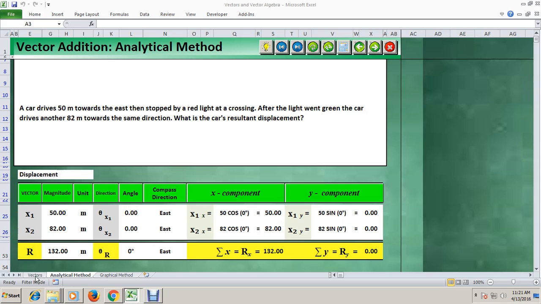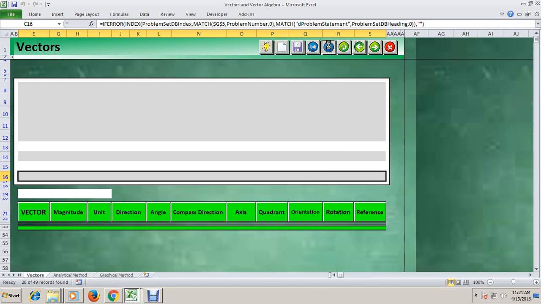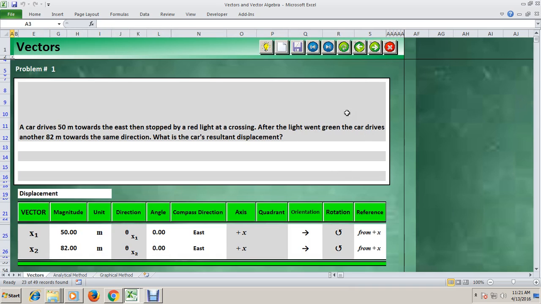Let's try to go back to the description of these vectors here in this module. Now, take note of the description of these two vectors. Each of these two vectors are drawn towards the east direction on the positive x, and take note that the measurement of the angle is measured from x.